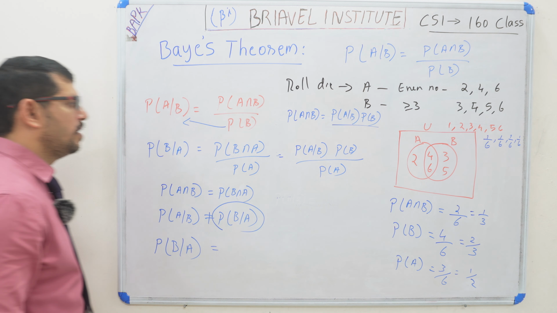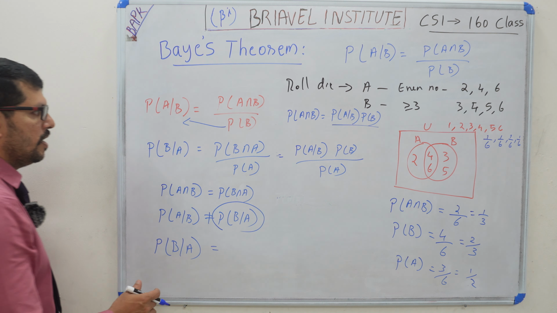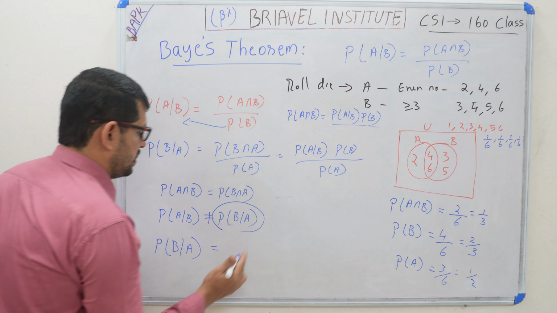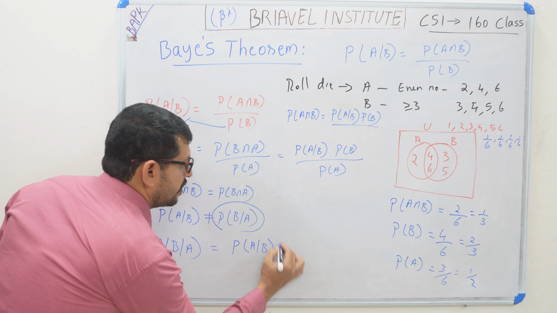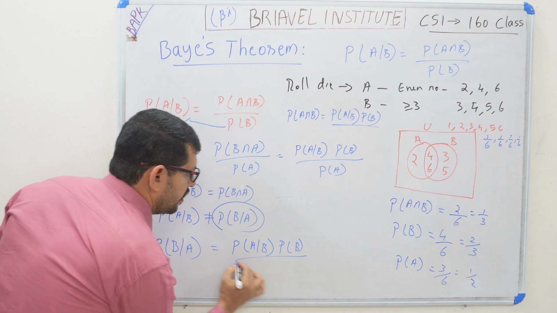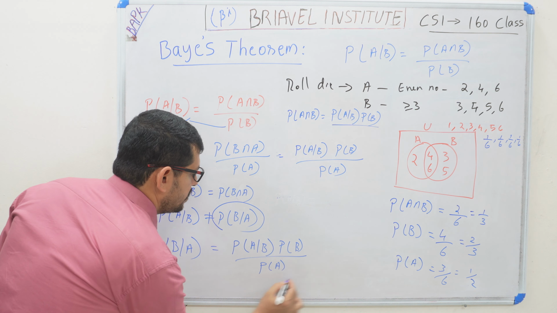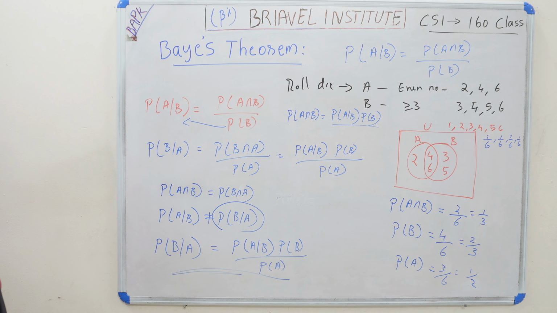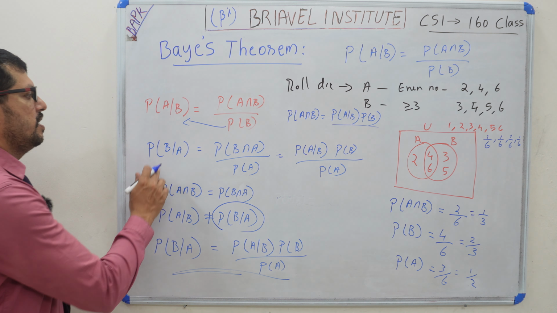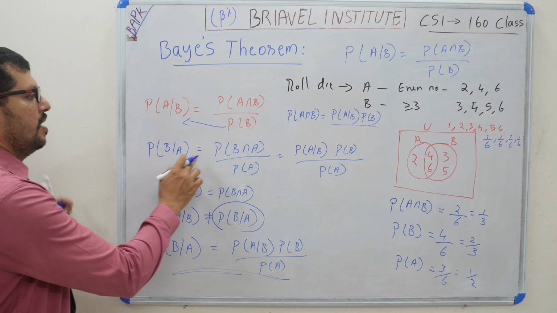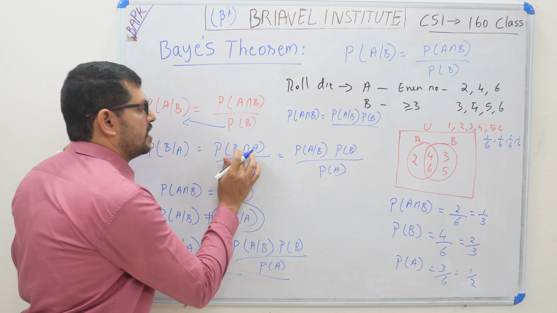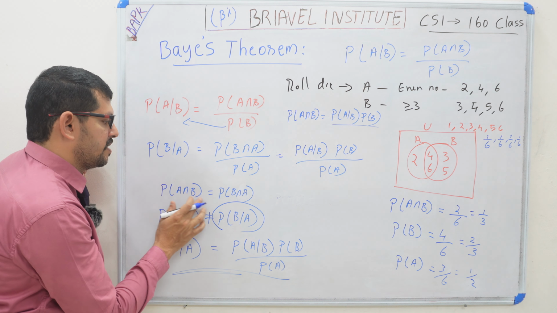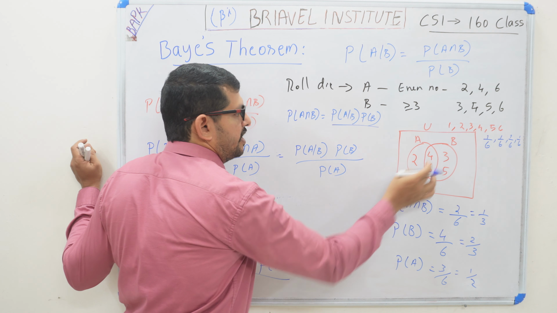So this is the formula for the Bayes theorem. This is the basic formula for the Bayes theorem: probability of B whole divided by probability of A. The probability of B given A is the probability of B intersection A divided by the probability of A. B intersection A is equal to A intersection B, both are the same, 4 and 6.